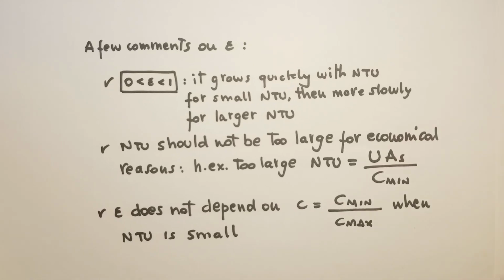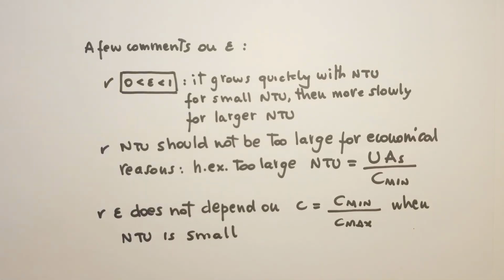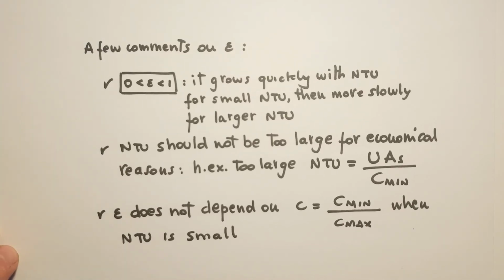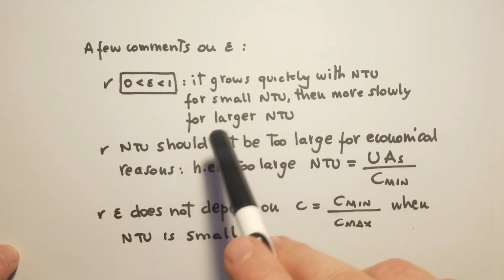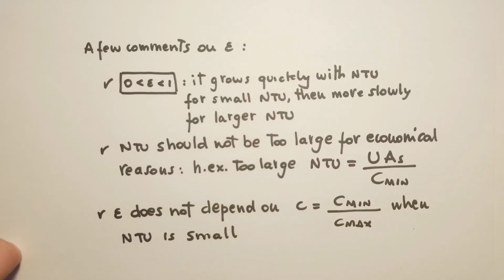So a few comments on the plot that we just saw. The effectiveness in percentage is always between 0 and 100%, and it grows quickly with NTU from 0 for small values of NTU, but then it grows more slowly for larger NTUs. Of course, one might think that the larger the NTU, the better, because we achieve a larger effectiveness.